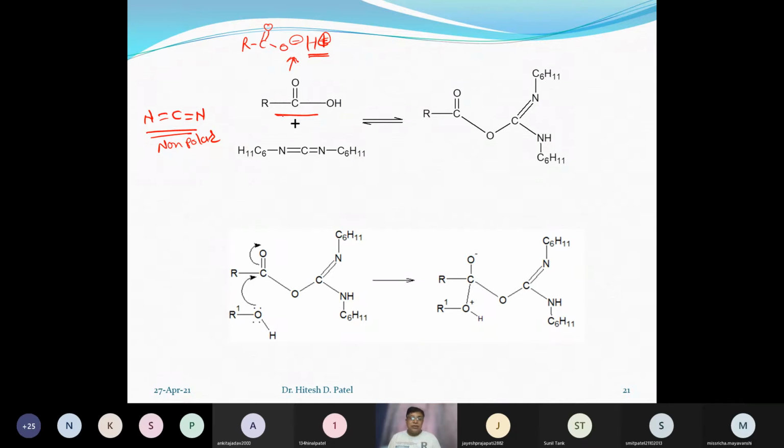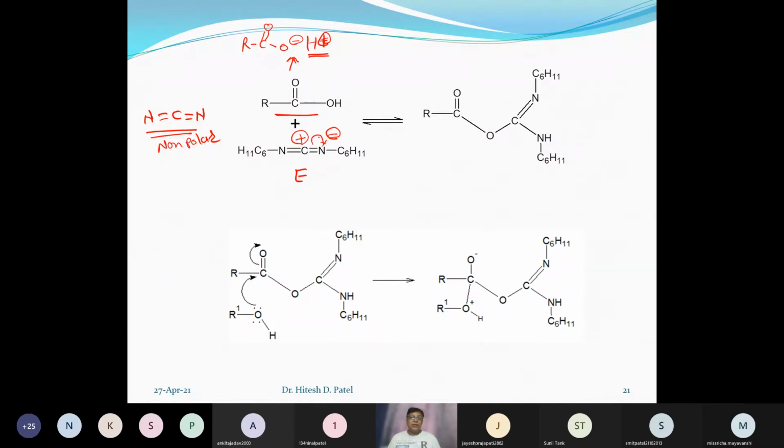But in the presence of certain reagents, we can observe the electromeric effect. Due to the electromeric effect, one nitrogen will pull electrons. When this nitrogen pulls electrons, this carbon becomes positive and nitrogen becomes negative.